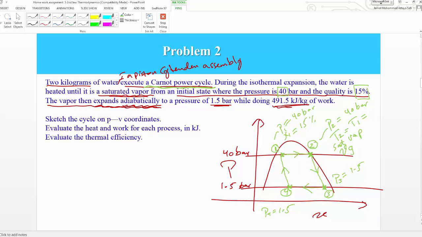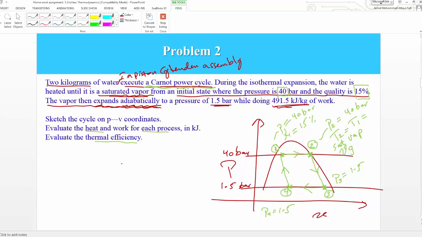This is why I need another piece of information that can help me fully define states 3 and 4. And by defining the states fully, I can calculate heat and work, and also thermal efficiency.